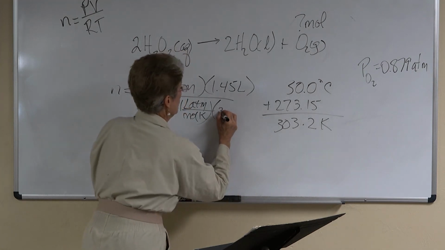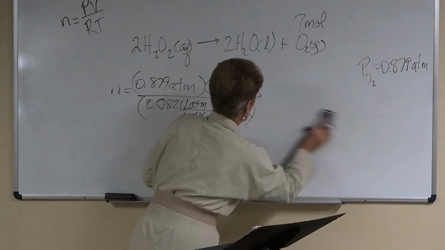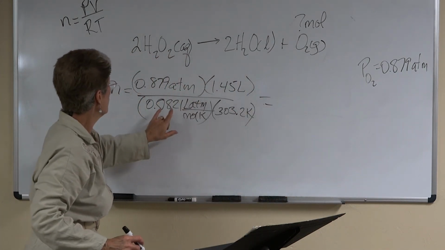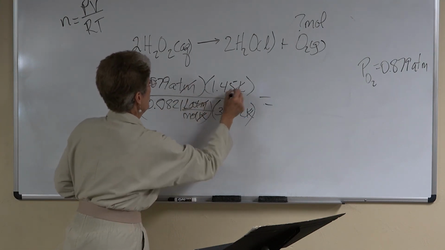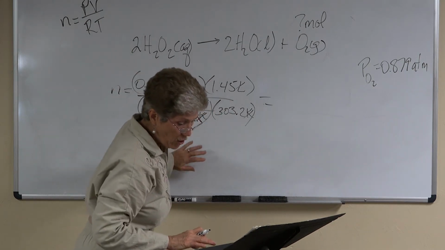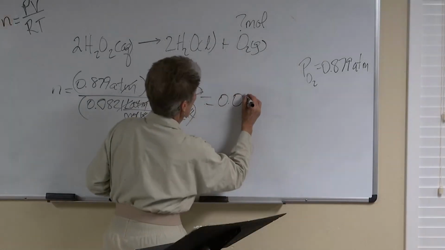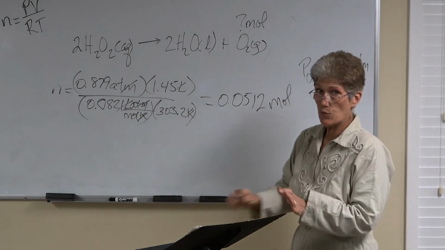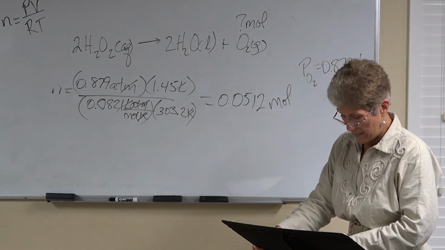So I'm going to stick that in here. And so we have three significant figures: Kelvin, atmospheres, liters. We're left with moles. And so when you do this, you get 0.0512 moles. And so that is how you find the moles of oxygen gas that he made.